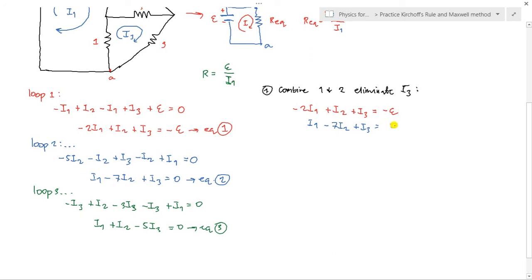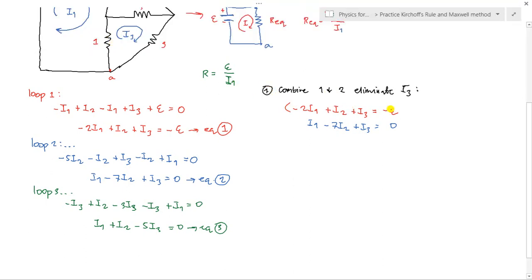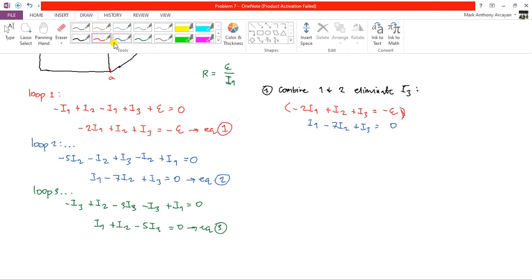So here we are going to eliminate I3. To eliminate I3, I will multiply this by negative, or actually no need to multiply, I will just subtract.